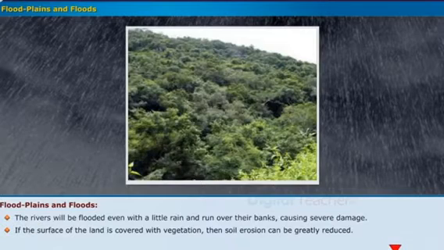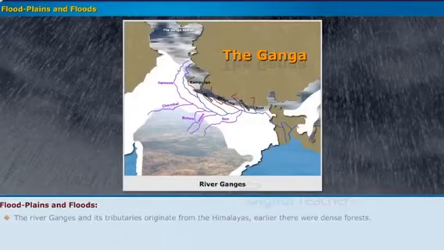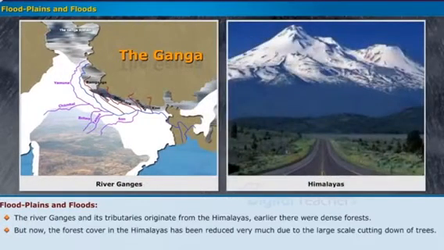Let us note the importance of vegetative cover over the land. The river Ganges and its tributaries originate from the Himalayas. Earlier there were dense forests. But now the forest cover in the Himalayas has been reduced very much due to the large-scale cutting down of trees.